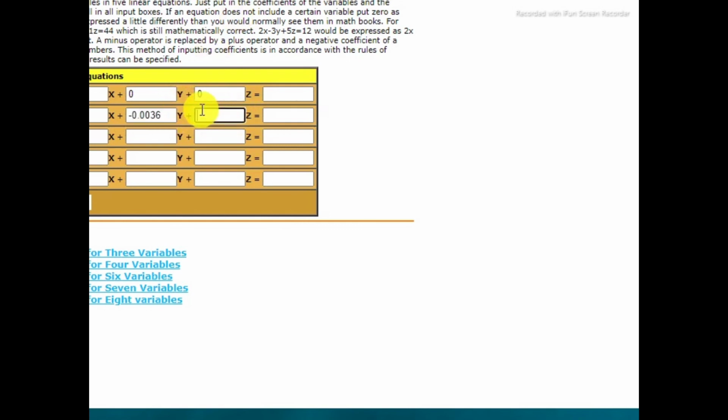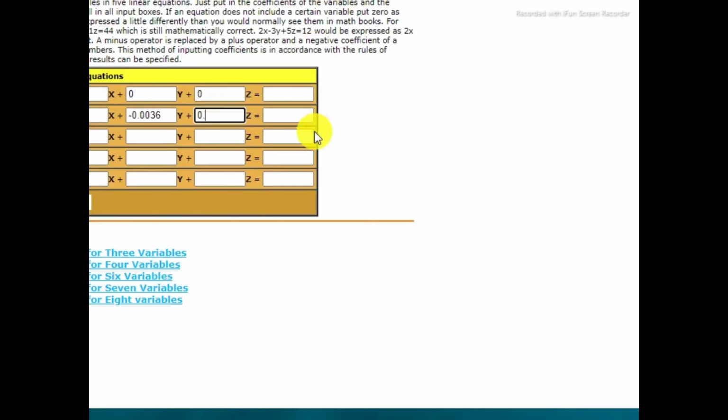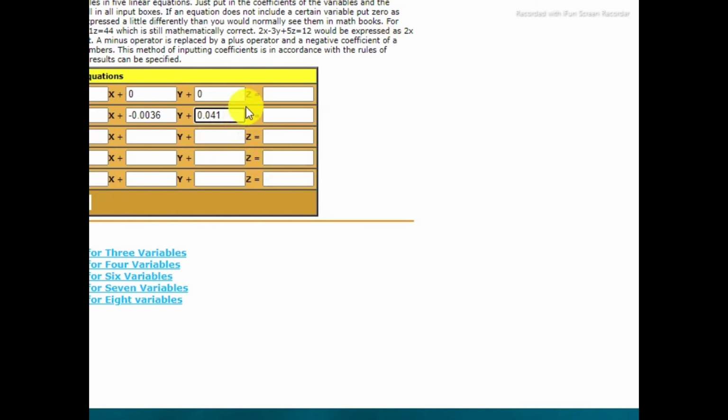In the last column it is 0.41, and so on. You can enter like that, and when you finish entering, there is a calculate button.